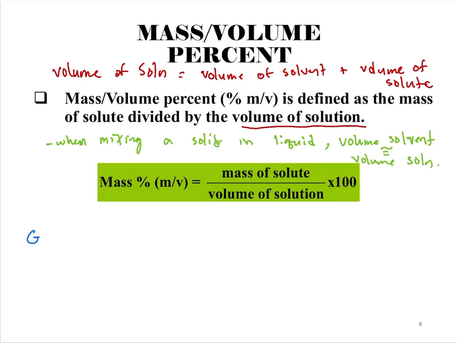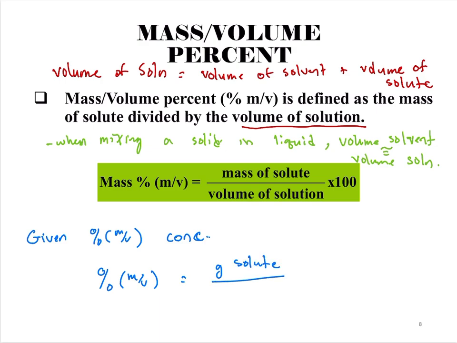And if we're given a percent mass to volume concentration, then the percent mass to volume is equal to the grams of solute per 100 milliliters of solution. So if you have a 7.2% mass to volume, what would be the ratio we would have for that?